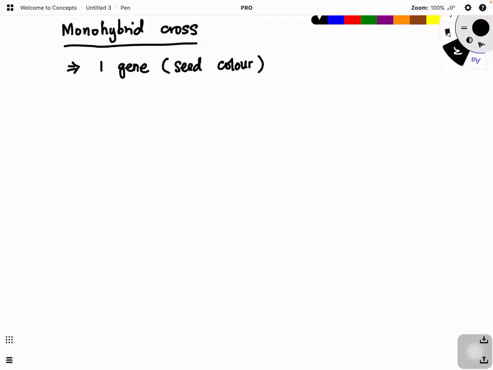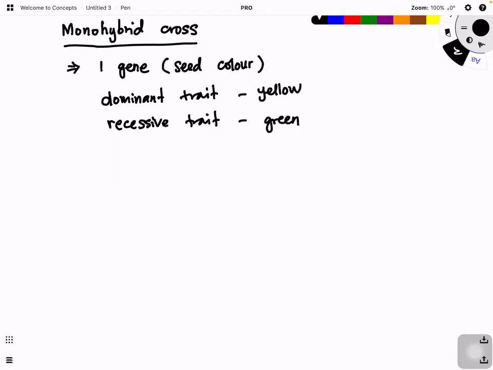The dominant trait in this case is yellow color, and the recessive trait is green color. So it means that we look at one gene only.